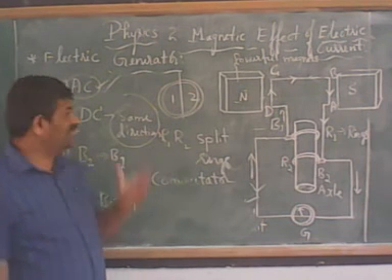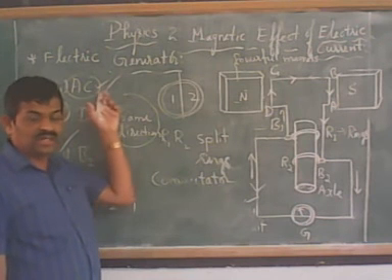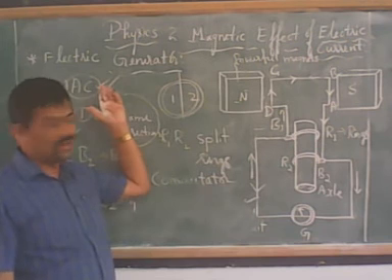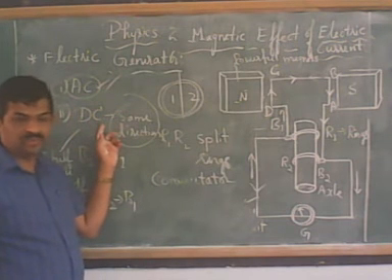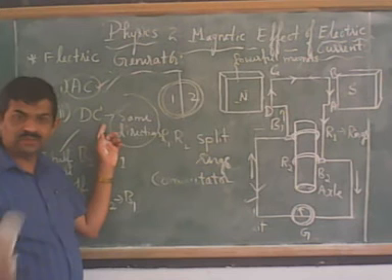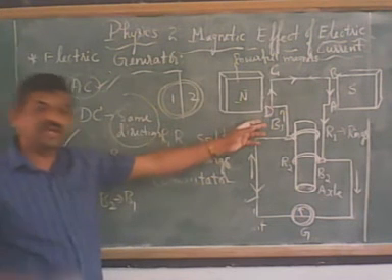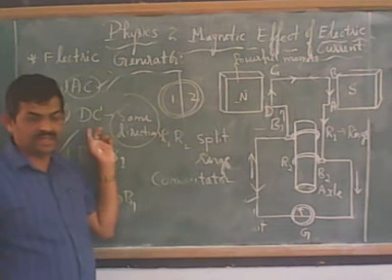What are the differences between AC and DC? In alternating current, the current alternates every half cycle. But in direct current, it won't alternate. In the first half cycle and second half cycle, the generated current moves in the same direction in the external circuit, so it is known as direct current.